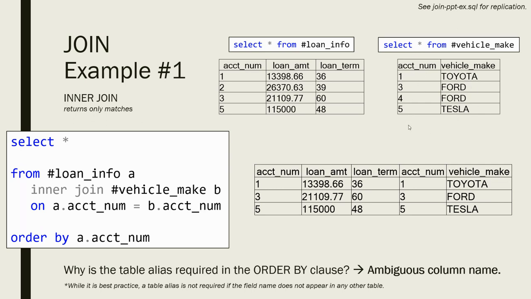That's the field we're matching on. The query says give me all fields, which end up being from both tables because we're executing a join, so we'll see 1, 2, 3, 4, 5, 1, 2, 3, 4, 5 fields returned in the output. We're also ordering by the account number field from table A specifically.